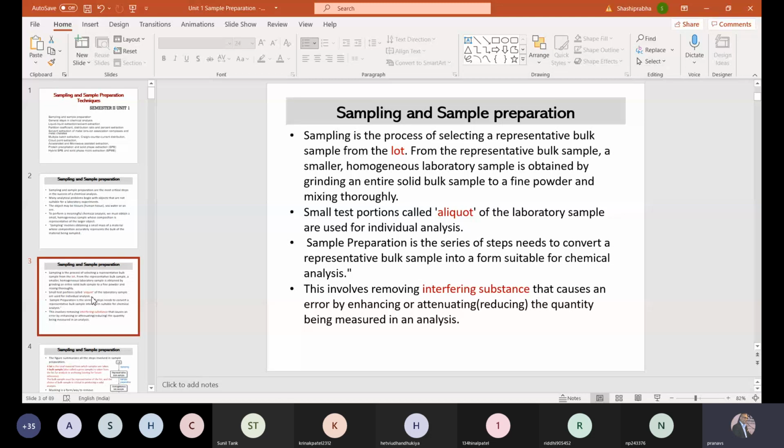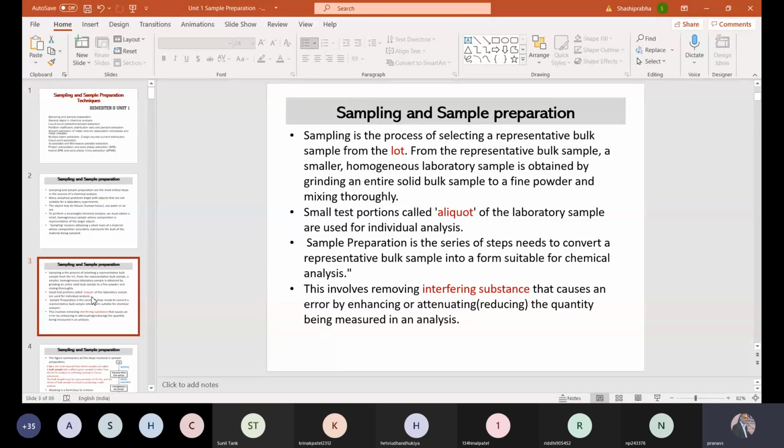That means, as I said earlier, we need a homogeneous sample for analysis. This is a prerequisite. We need a homogeneous sample for laboratory analysis, using a suitable technique or a tool. But we need a very small amount of sample.